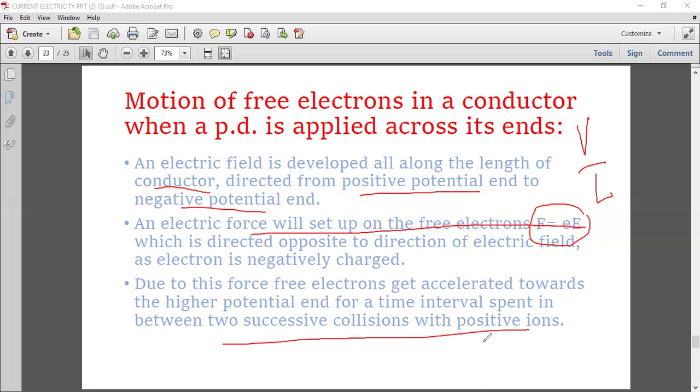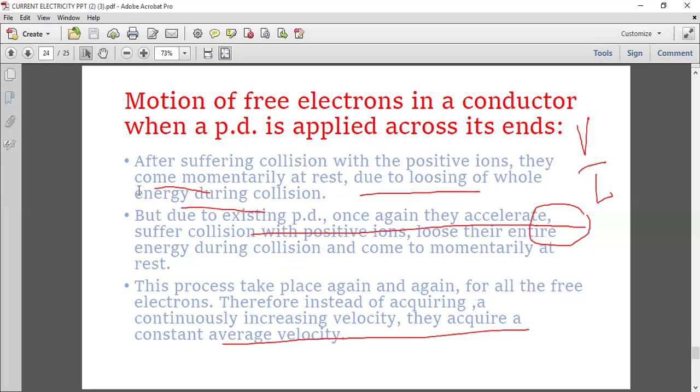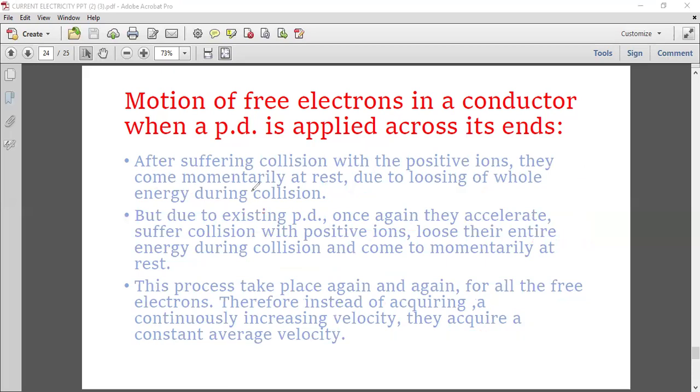For that time interval, they will accelerate. After this time, what will happen? They will suffer collision with the positive ions. And when they suffer collision with the positive ions, they will come momentarily to rest.